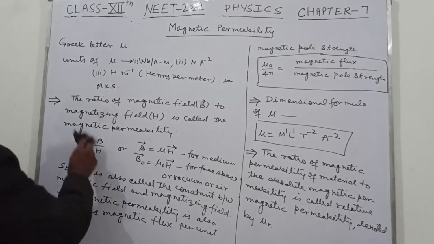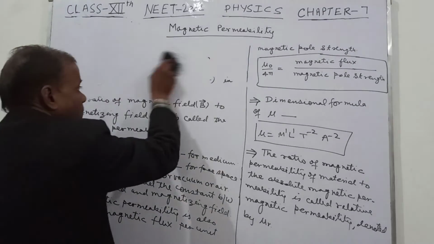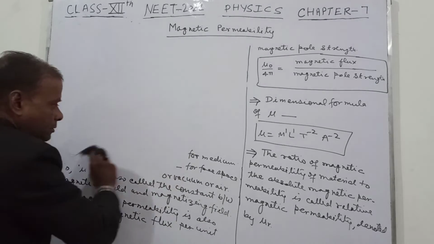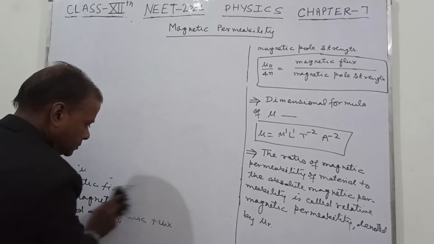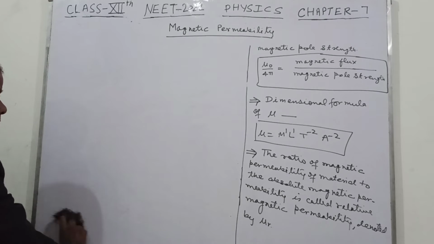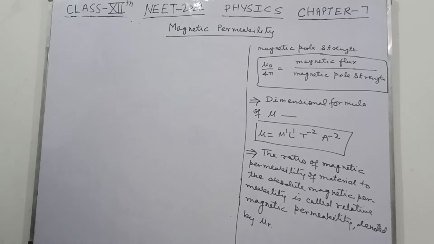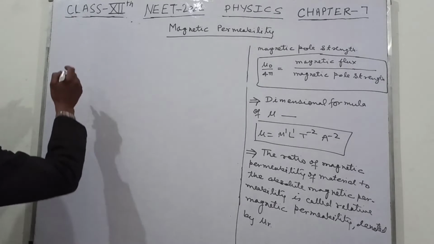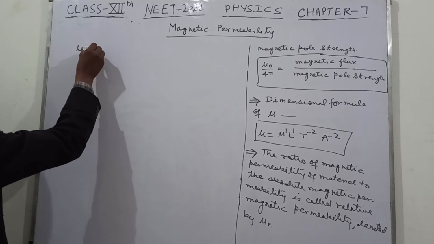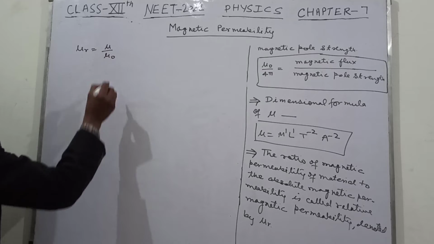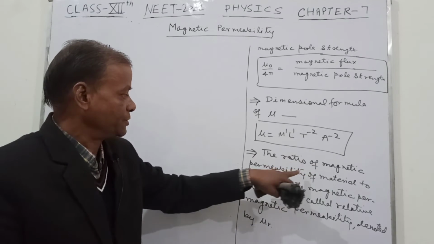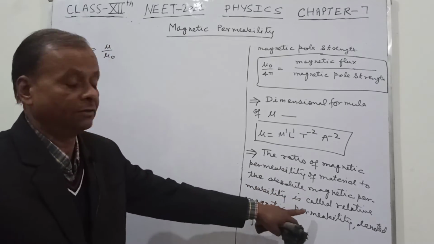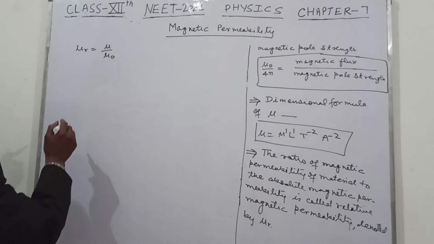So we can have this mu r is equal to mu upon mu naught. This is what we mean. The ratio of magnetic permeability of the material to the absolute magnetic permeability. Mu upon mu naught.